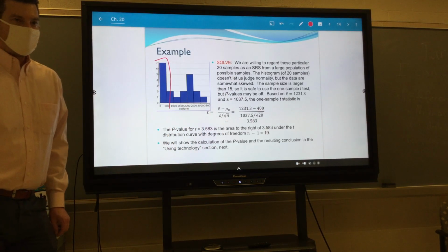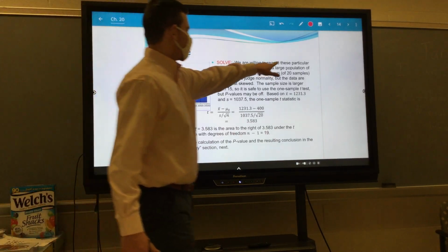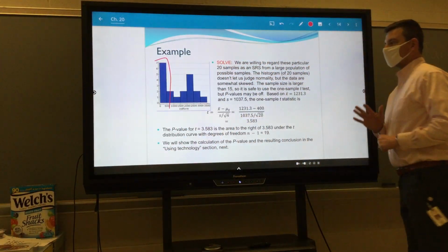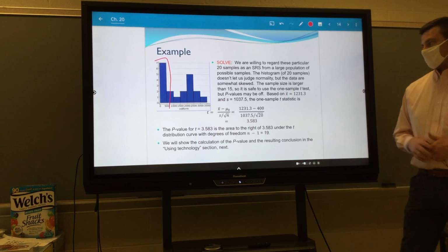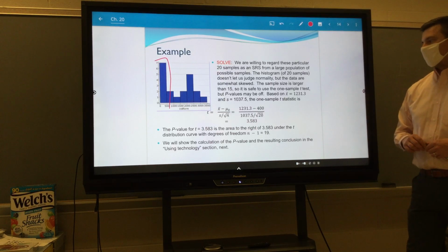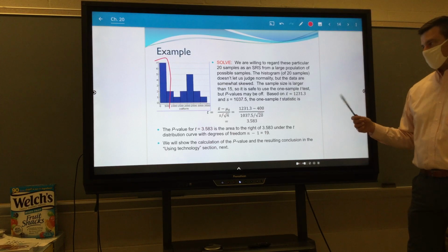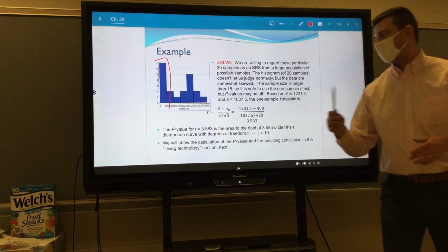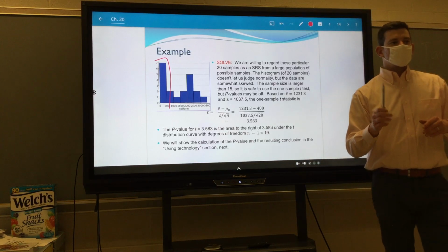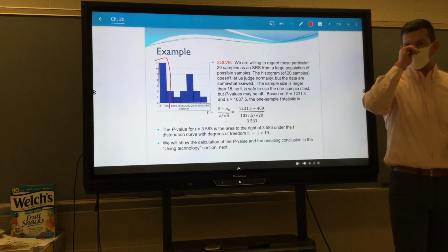Now, that's not the end of the world. Okay? We are willing to regard these particular 20 samples as a simple random sample. The histogram doesn't let us judge normality, but the data are somewhat skewed. Sample size is larger than 15, so it's safe for us to proceed with caution. That's going to become a common phrase for us, proceed with caution.